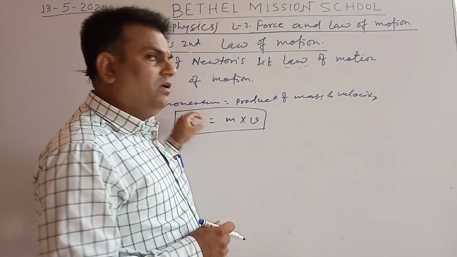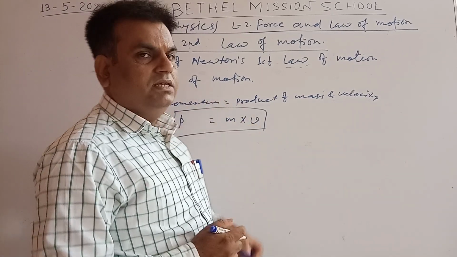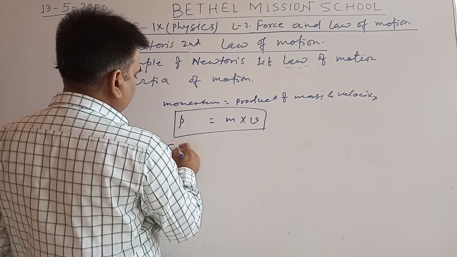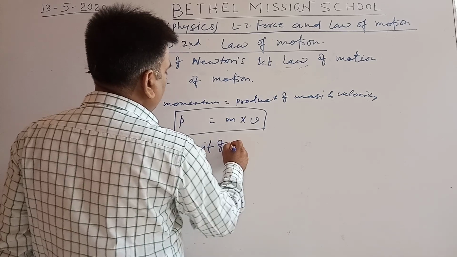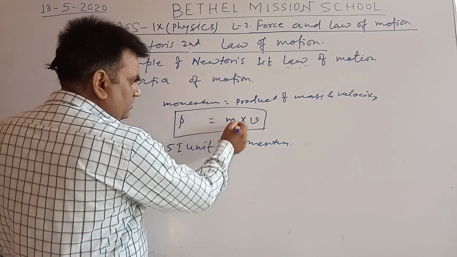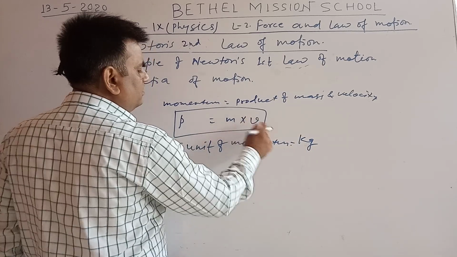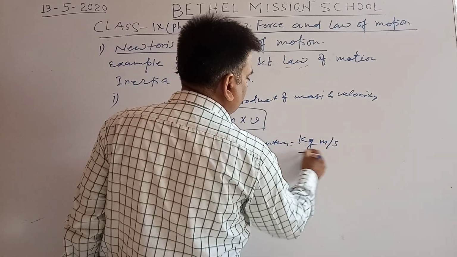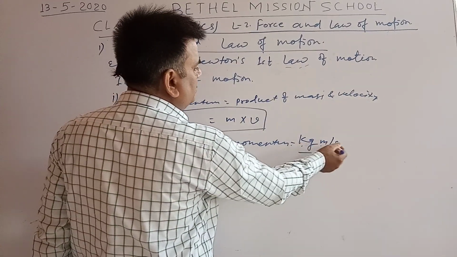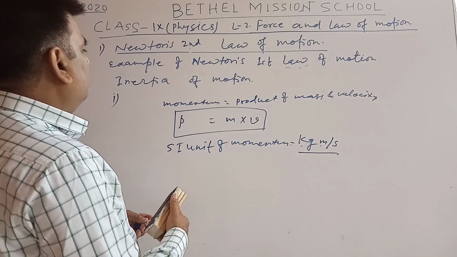The momentum of the object depends on two factors, one is mass and other is velocity. The unit of mass is kg and the unit of velocity is meter per second, so the SI unit of momentum is kg meter per second.